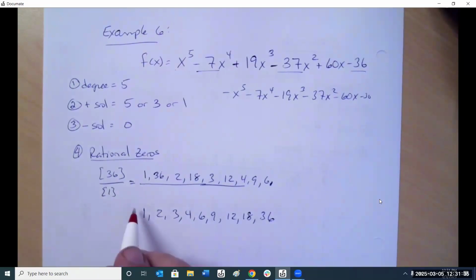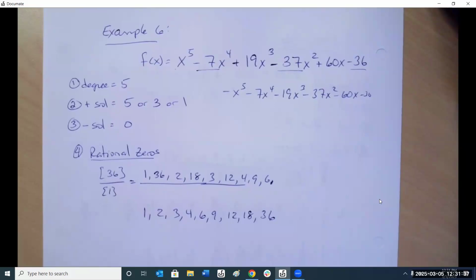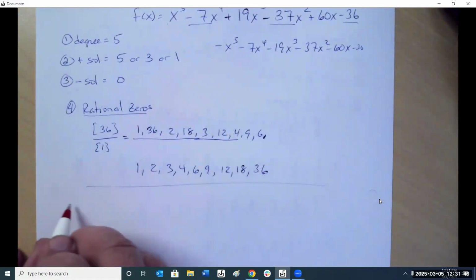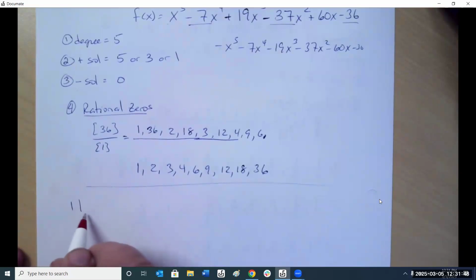And remember, we don't have to do the plus or minus anymore because there aren't going to be any negatives. Well, let's begin.